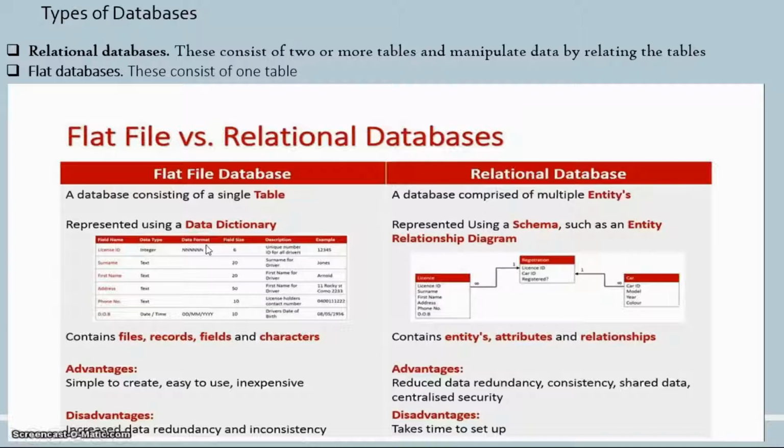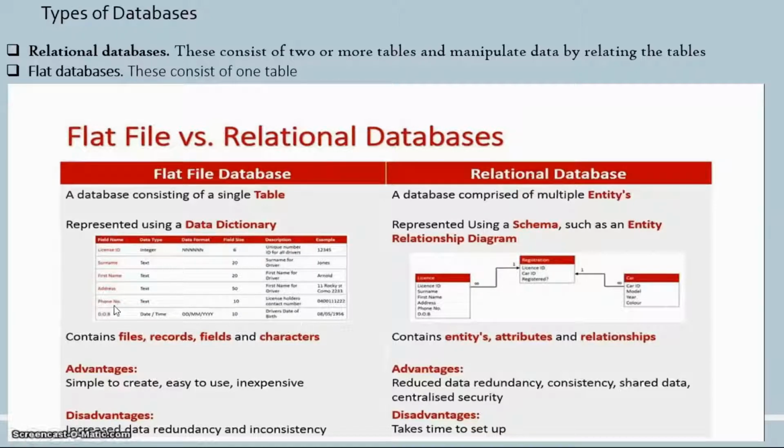Okay. Then here we represent data using a data dictionary. I shouldn't concentrate more on that. And then here we use a schema, entity relationship diagrams. You'll see later on in Access that we shall be able to draw these data relationships, okay, entity relationships.